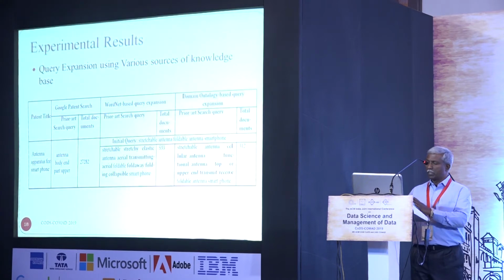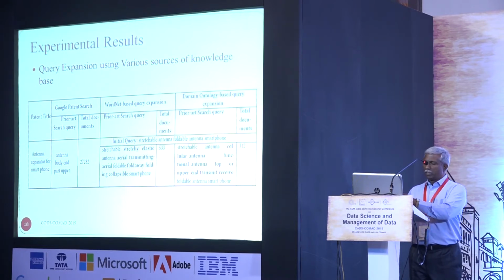And this we have compared with 3 different things. The conventional Google patent search, the prior art search query, and how many documents were retrieved for a particular title, and the WordNet based query expansion.